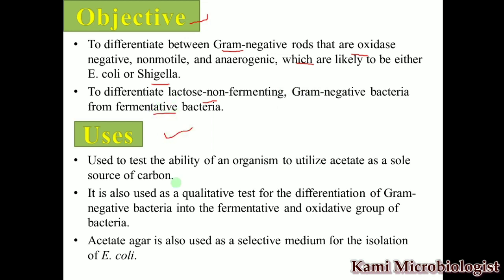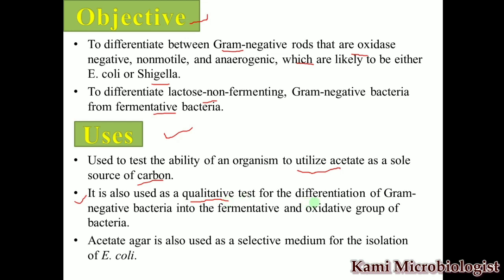Let's see the uses. This test is mostly used to check the ability of bacteria, which type of bacteria can easily utilize the acetate that is acting as a source of carbon. The second point says that this test is a qualitative test.